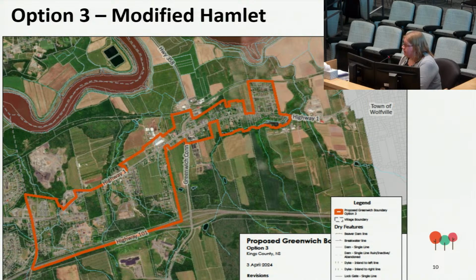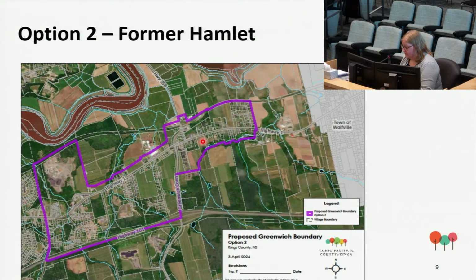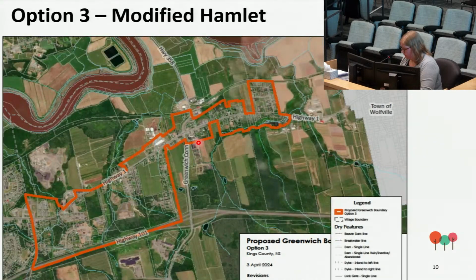Option 3 is a modified hamlet boundary, so you'll notice that, and we'll go back to this for a second, you'll notice that these lands have been removed in option 3. These lands here have been removed, as well as this field here.